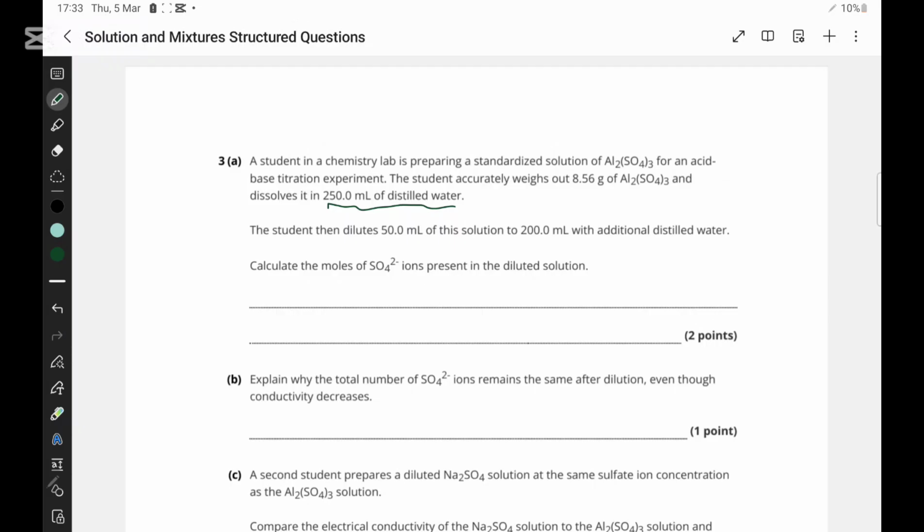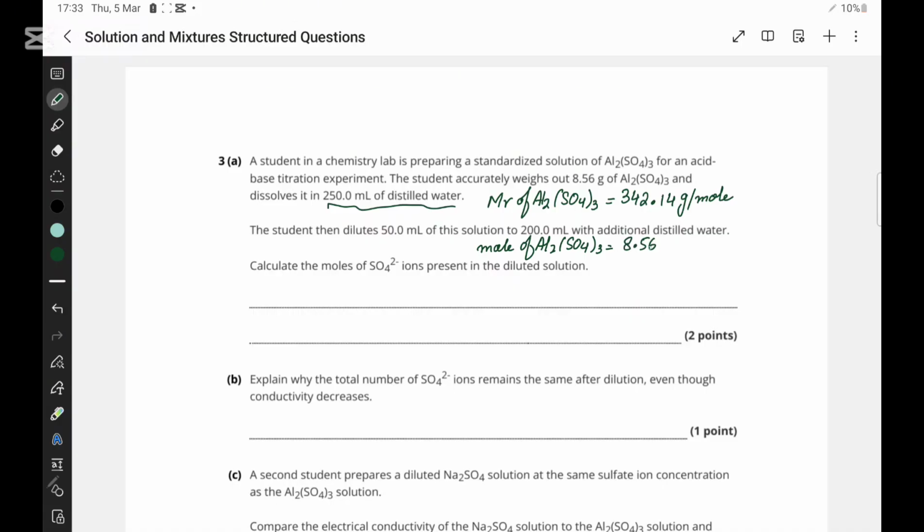So for that purpose, first we need to find the moles of aluminum sulfate, and for that first we need the Mr of aluminum sulfate, and that comes out to be 342.14 grams per mole. And then we have to calculate the moles of Al2(SO4)3, that is mass over molar mass.